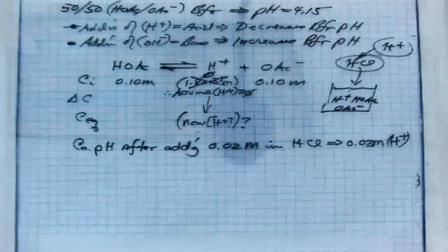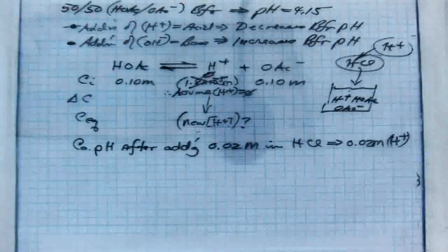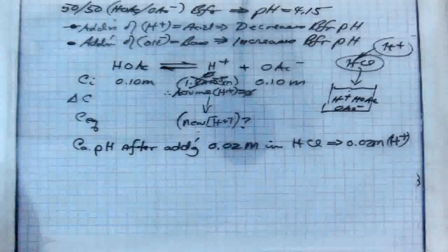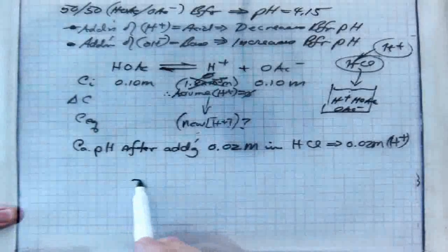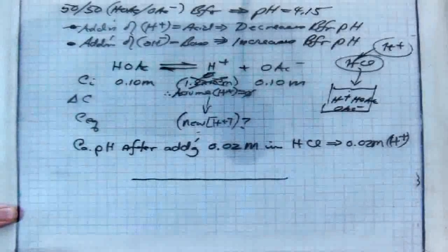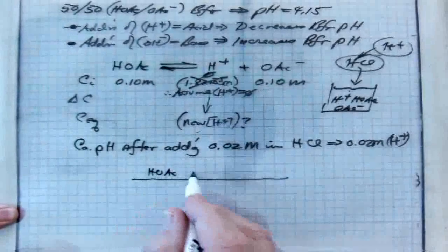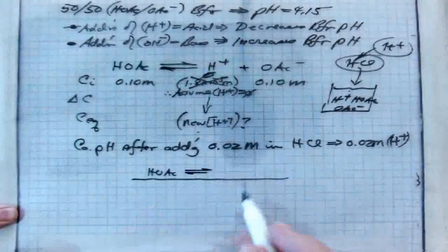So everything is changed in our equilibrium. How are we doing? Following me? Okay. So what does that mean in terms of the calculation?